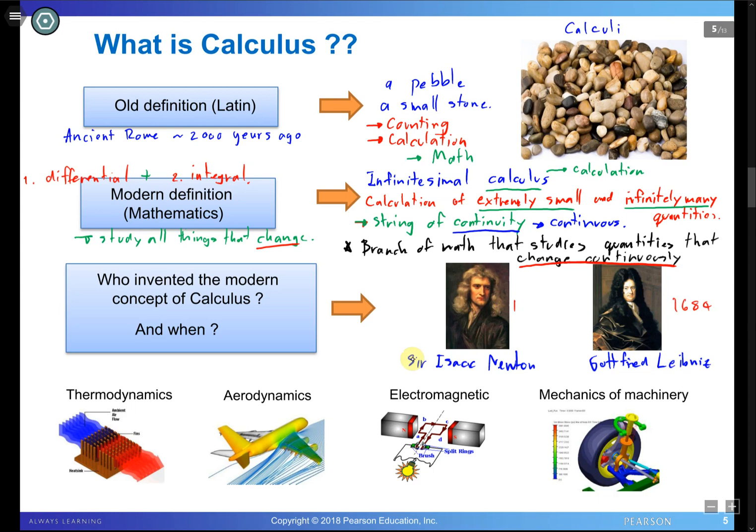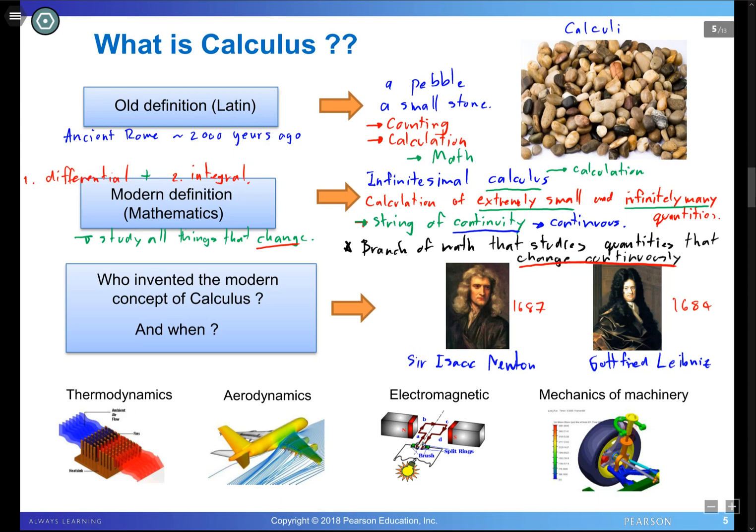So technically, Leibniz should be considered the inventor of calculus. But it turns out that when it comes to starting the work, Newton started before Leibniz. Newton claimed that he started his work in 1666.